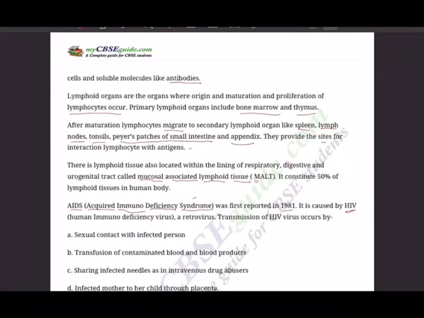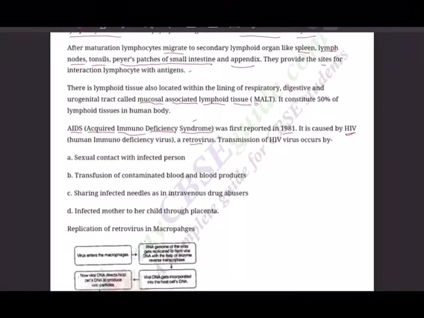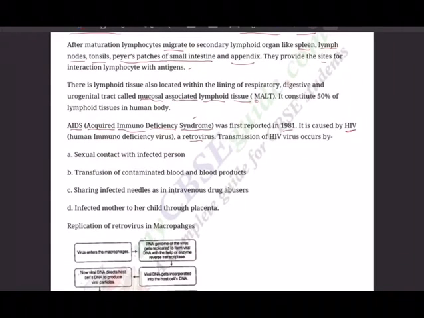It's a retrovirus. Transmission of the HIV virus occurs by what are the various means through which the AIDS virus comes in contact with a person. So when a healthy person comes in contact through sex with an infected person, this is the first mode, sexual contact with an infected person.